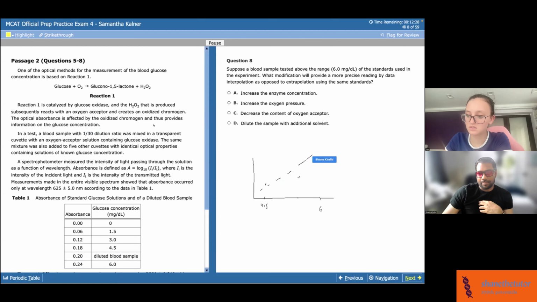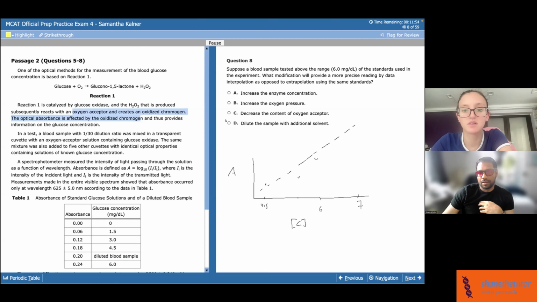And let's say it makes this type of line of best fit. If we were to try to figure out what the absorbance would be, absorbance here and glucose concentration here, there has to be something reacting with something else for this whole thing to happen, right? So how do we have more product? We have to add more of something for the reactant to react with.